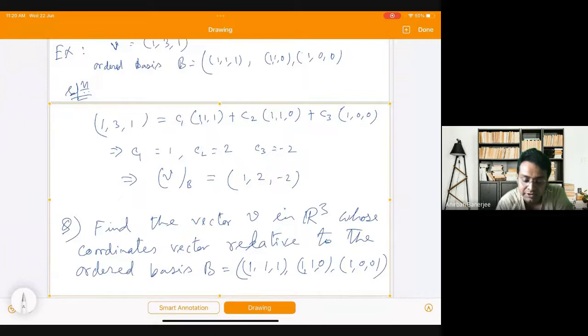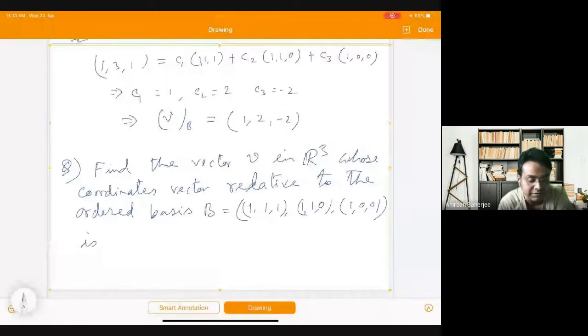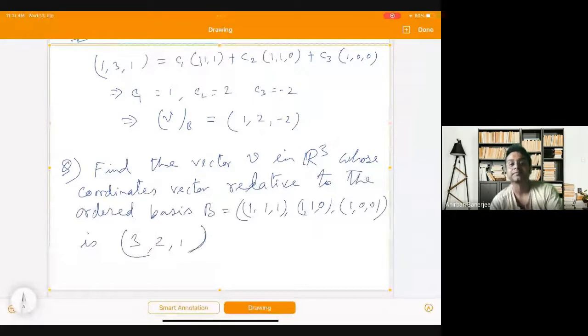The coordinates with respect to this basis are 3 comma 2 comma 1. Now what will be the coordinates in the usual standard system, that means where the basis is the standard basis e1, e2, e3? You have to figure that out. I hope you can do that. So just try at home.